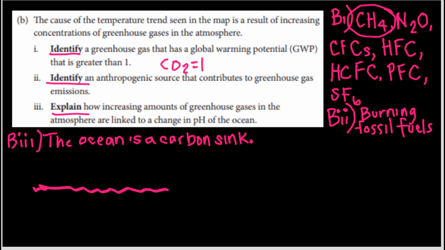Okay, so here's what happens. If this is our ocean, we have carbon dioxide in the air, and it gets absorbed by the ocean. In the ocean, it reacts with the water, and when it reacts with the water in the ocean, it forms carbonic acid.